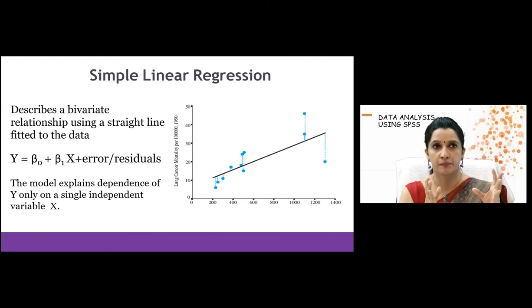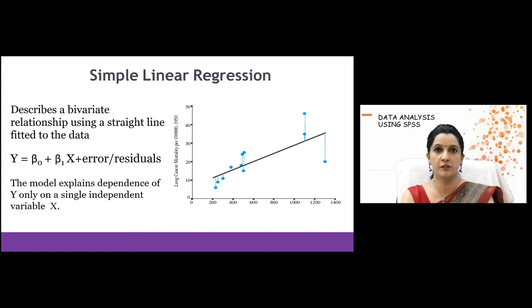So y is your outcome variable, beta 0 is the intercept, and beta 1 is the coefficient of the predictor variable, plus errors or residual. This is the formula for describing a bivariate relationship using a straight line, right?